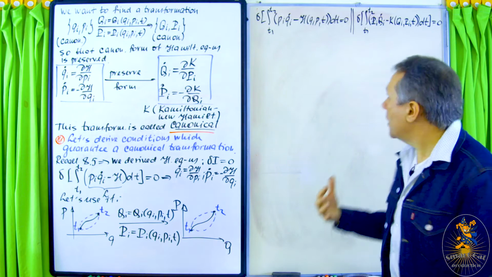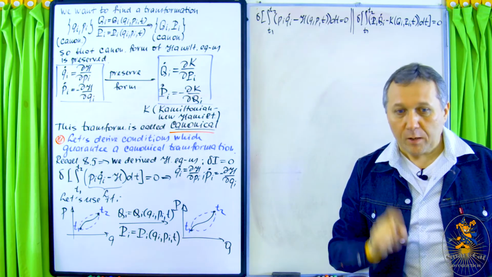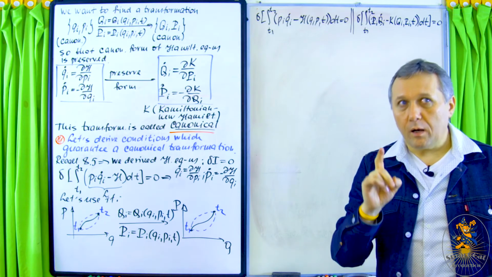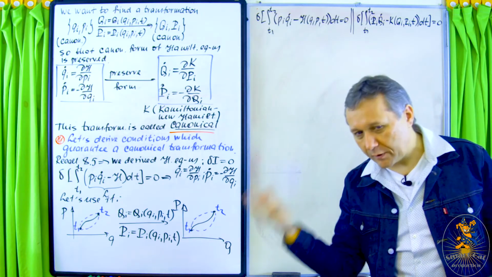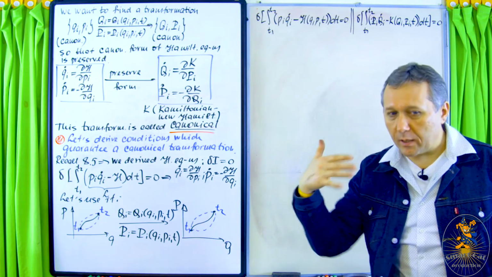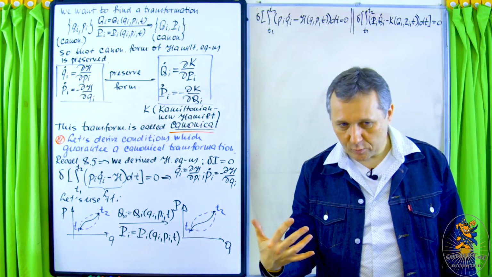So it's not just that integrands must be equal. We can take any arbitrary, well-behaved, good-looking function. Well-behaved, I mean continuous, and you can also differentiate it as many times as you want.